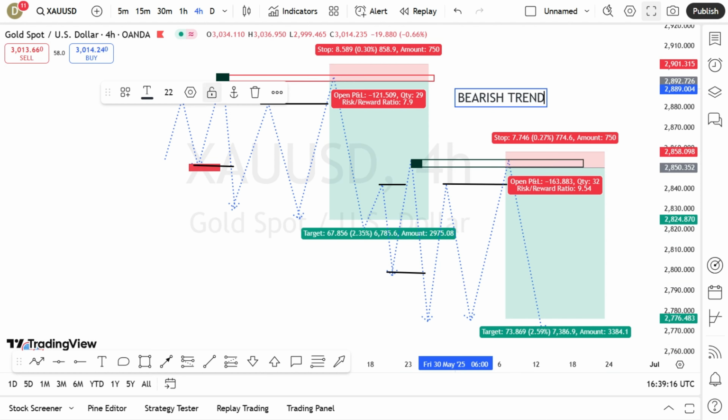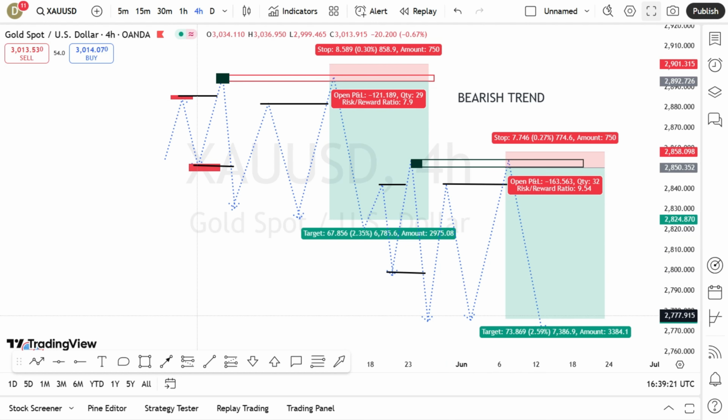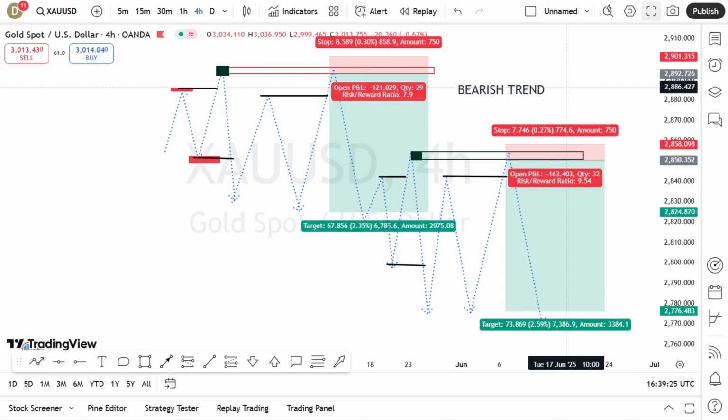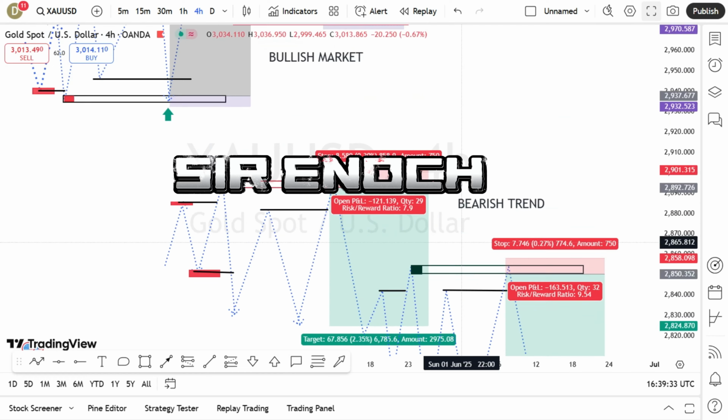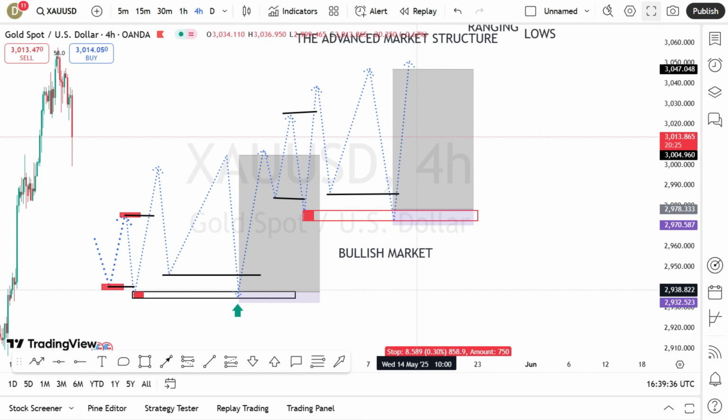Big banks trade using the advanced market structure. The easiest way: you have your bearish structure, you have your bullish market over here. Bearish market or bearish trend, bullish market or what? Bullish trend.